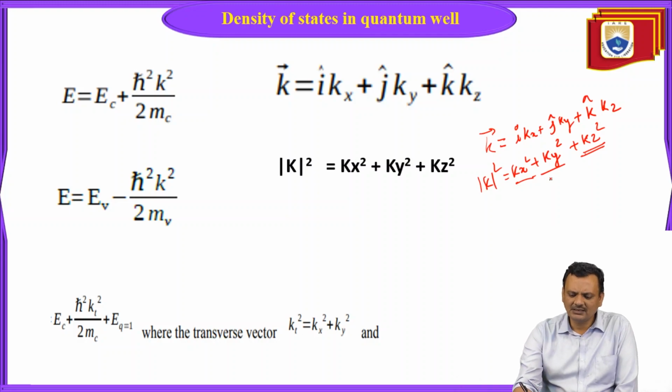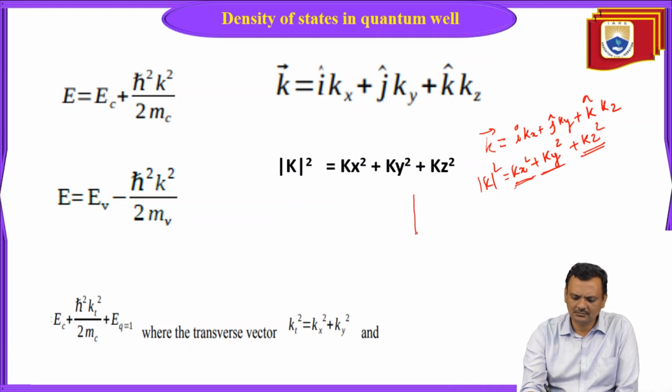Suppose this wave vector has a fixed z value, but it can take any value of x and y. Like if this is the first case, then your x and y are this.